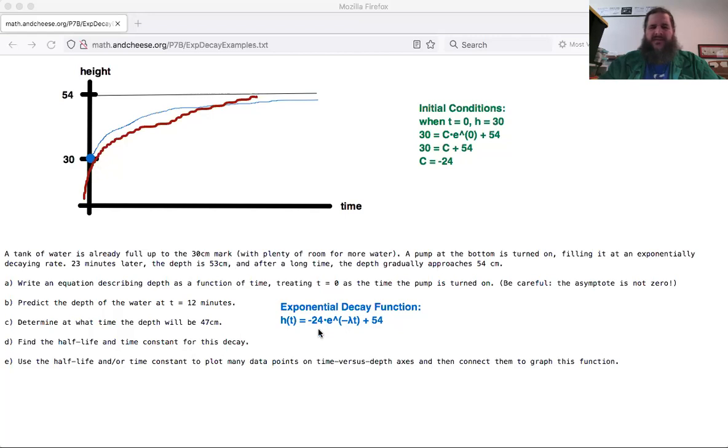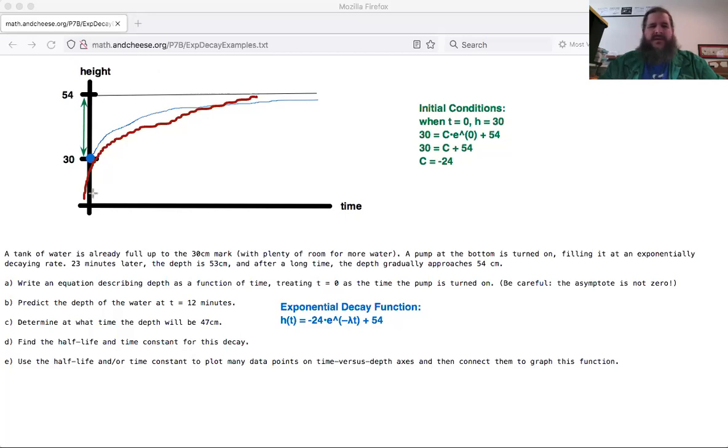Why did we get a negative 24 here? What did that represent? That's 24 away from what? Yeah, 24 away from 54. That negative 24 just means the starting value is 24 below the asymptote.